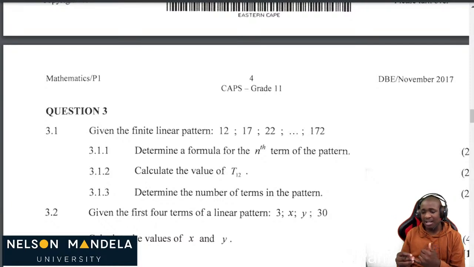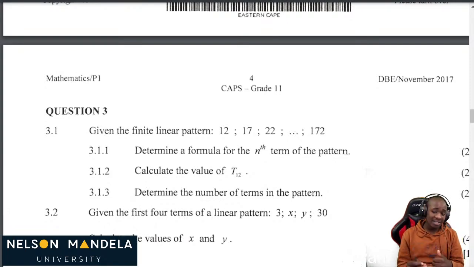If you get the same answer, then you see that this is a linear pattern. Now if you are not getting the same answer, for instance maybe you were given 3, 6, 12, you can even check. 6 minus 3, you get 3.